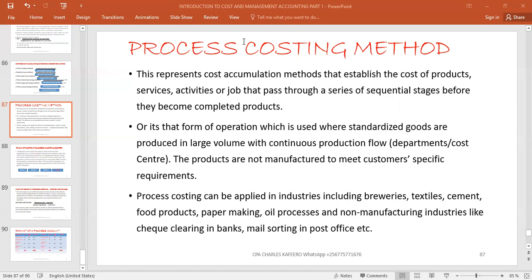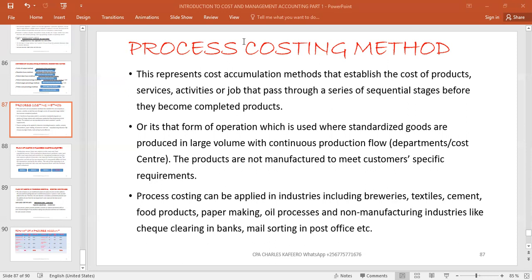So there are some of the common costing methods that we use in cost and management accounting, but with respect to this level, I'm going to be talking about only two.